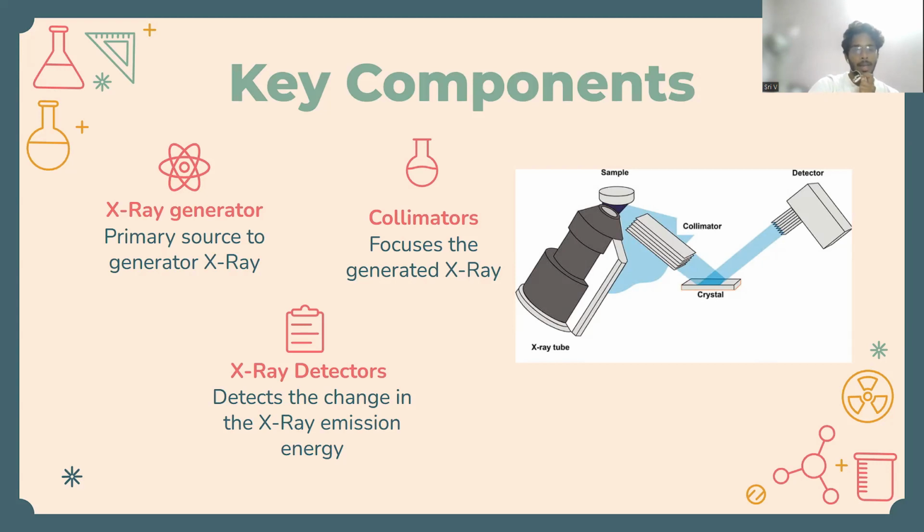Next, we have the collimator, which functions to focus the X-ray beam to a narrow diameter of several micrometers. And last, we have the detector, which detects the change in energy of the final X-ray emission and digitizes it.